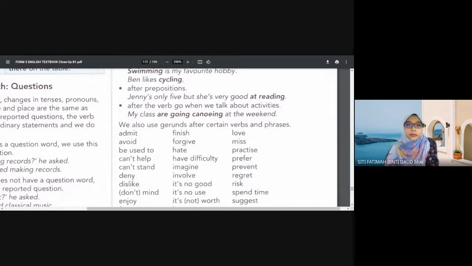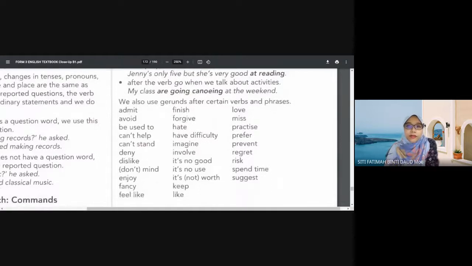So these are some of the verbs that you can use where you can use gerunds. Admit, avoid. Avoid talking about your test after the exam. Avoid talking about the matter. Be used to.